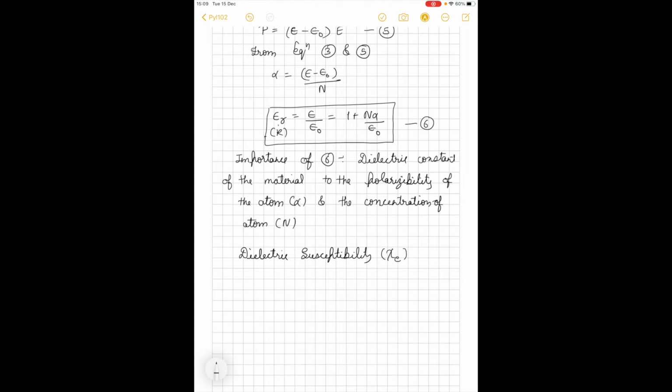When we write down P is equal to chi e times epsilon naught times E, this chi e connects the polarization and the electric field, the cause. The electric field was the cause and P was the effect, right? In the beginning I told you, like stress and strain, once you have a cause, you'll have its effect as well, in simple language. So similarly, if you have an electric field, you have polarization as well. They are connected via this chi e epsilon naught.